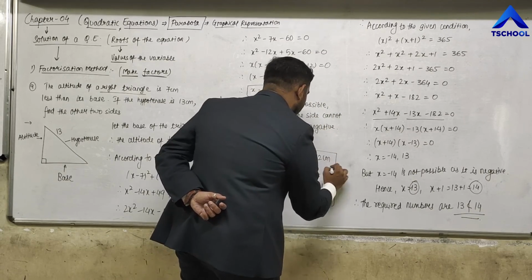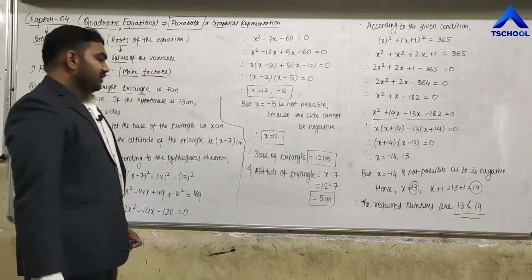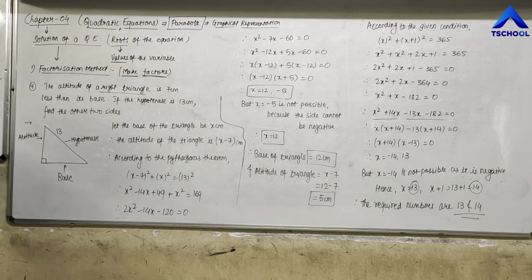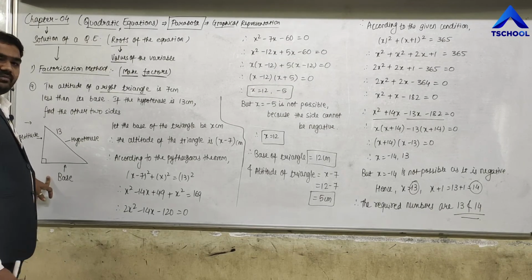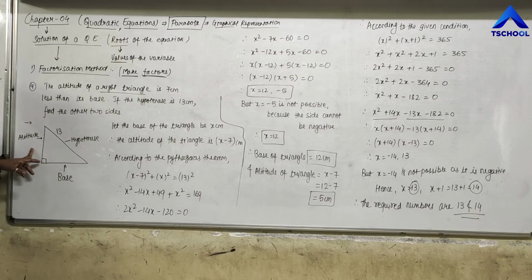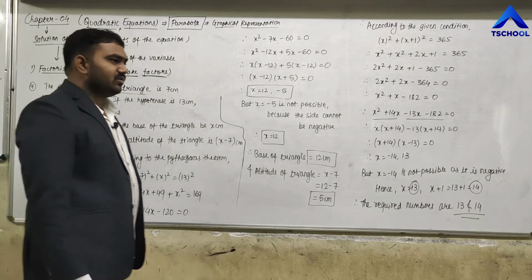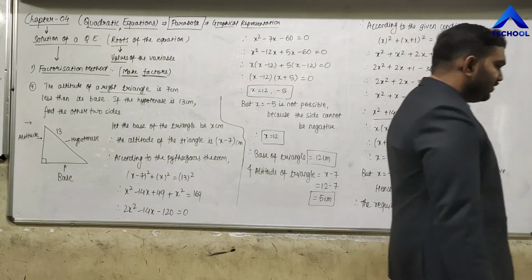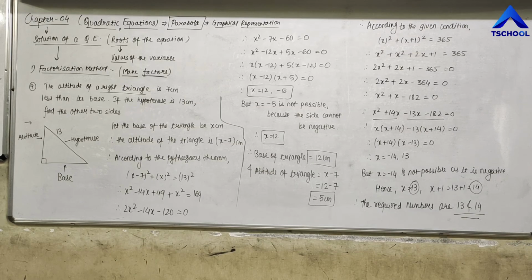So we got the answer that the base of the triangle is 12 centimeter and the altitude of the triangle is 5 centimeter. So we get base, that is 12 square 144, altitude 5 square 25, plus 144, that is 169, which is again the square of 13. So in this way you can solve the given example, right, with the given conditions.